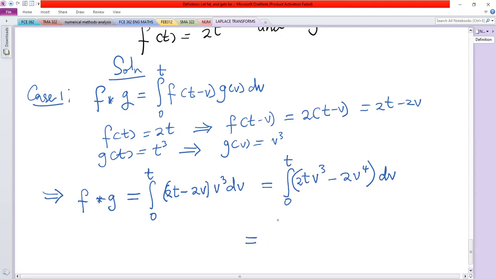Now, integrating this, we can factor out 2, and this will give us t v power 4 over 4 minus v power 5 over 5, and then v from 0 to v equals t.